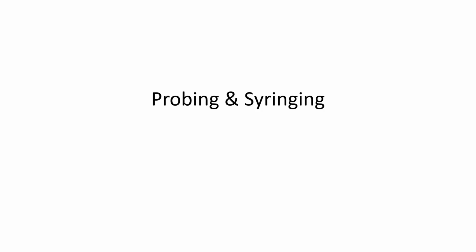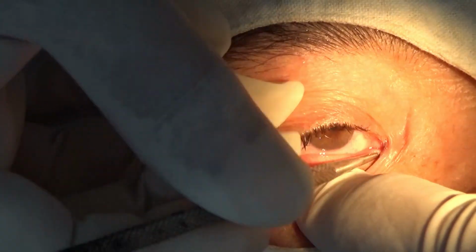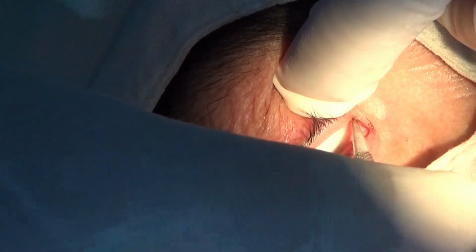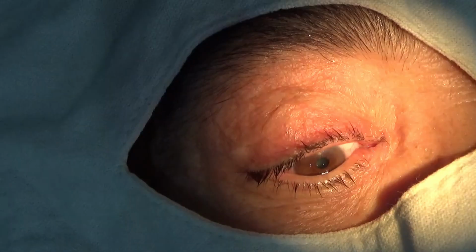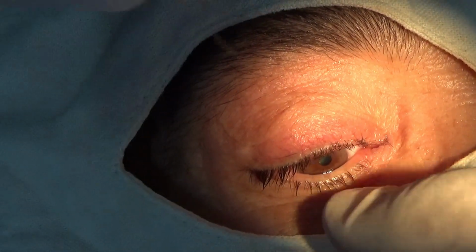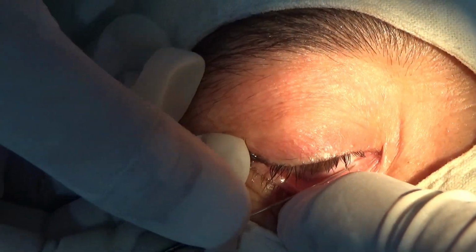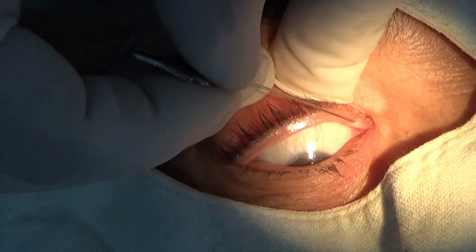Next step is probing and syringing of the lacrimal passage. For this purpose, both puncti are dilated with Nettleship punctum dilator and then probe is passed through both canaliculi turn by turn and hard stop is confirmed.